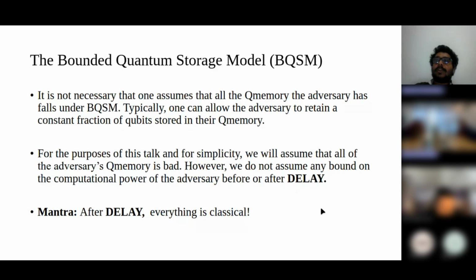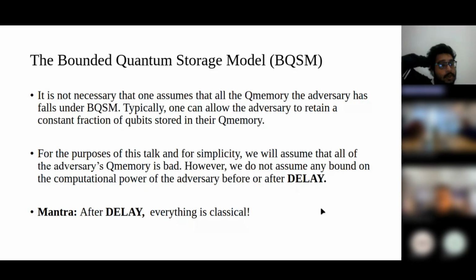So you have a clock, and after a certain number of ticks, until those ticks, you allow the adversary to do everything. Let's say maybe 10 ticks. But after 10 ticks, everything will become classical.